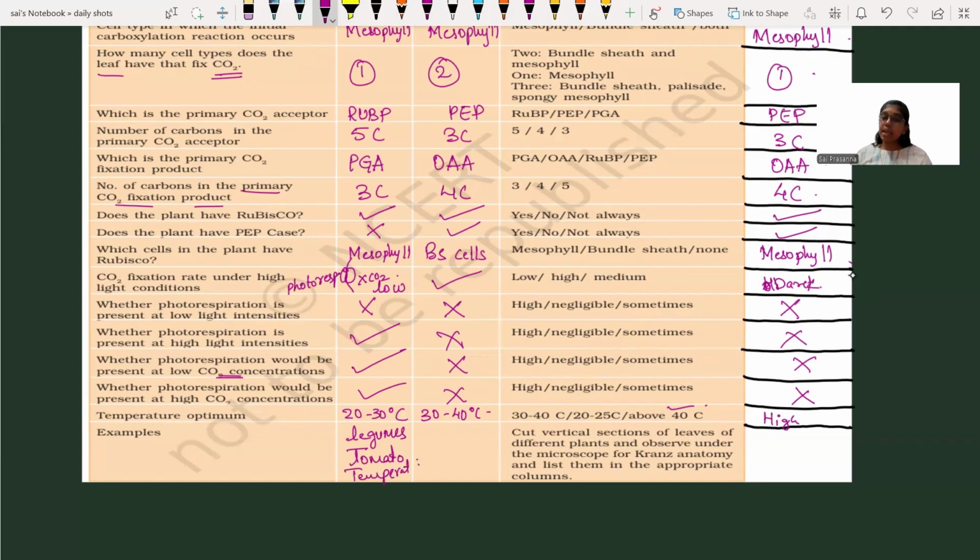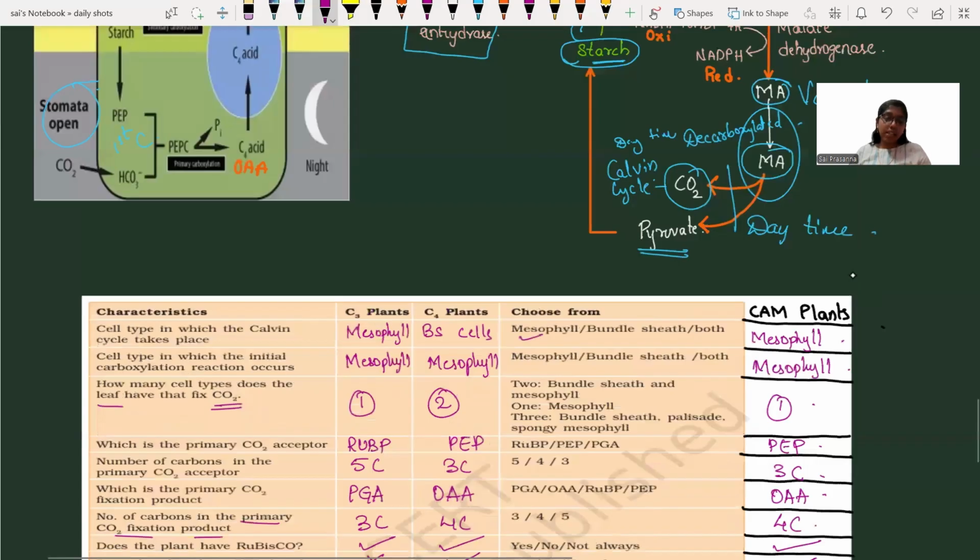C4 plants examples we already know: maize, sugarcane, and sorghum. CAM plants, we already know: aloe, agave, orchids, cactus.